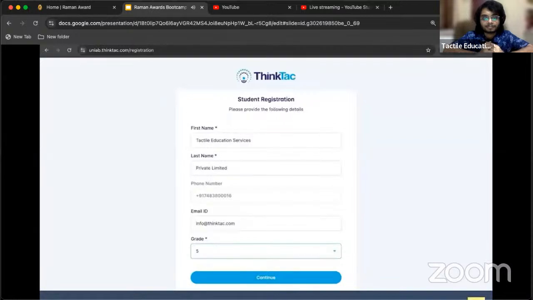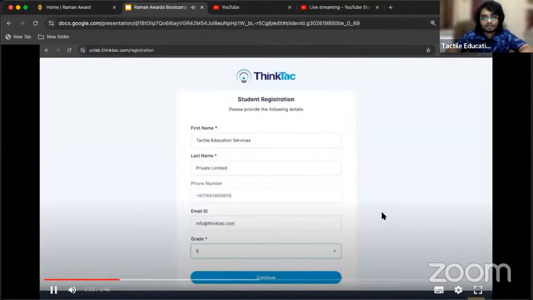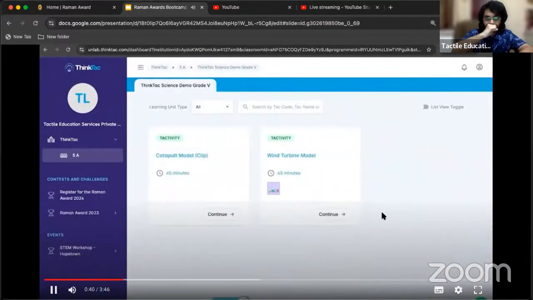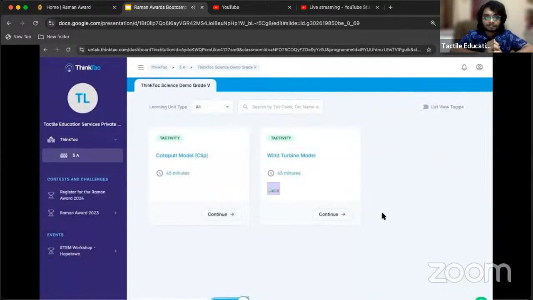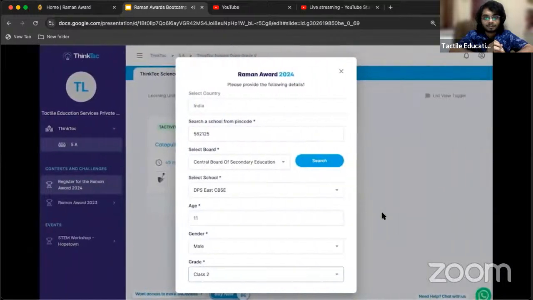If you have not already registered on our system, you will be redirected to the registration form. Please enter your details in the screen and click on the Continue button. You will then be shown a screen like this. Here, click on the Register for the Raman Award for that specific year option. Please fill in the registration form that is displayed.